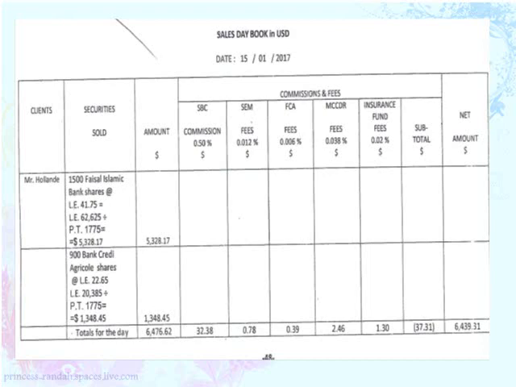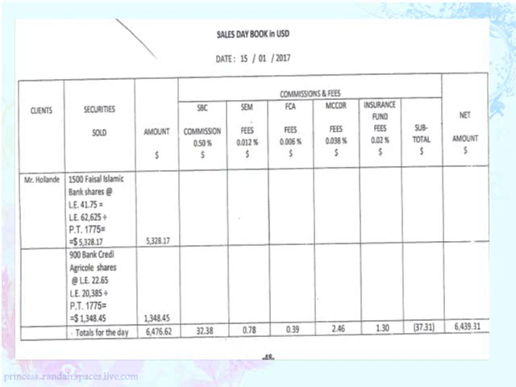The sales day book here is for sellers, for those who sold the securities. Here we have Mr. Holland, who sold 1,500 Faisal Islamic Bank shares and 900 Crédit Agricole Bank shares. For the Faisal Islamic Bank shares, the price per share was 41.75, making 62,625 divided by the exchange rate given to you.